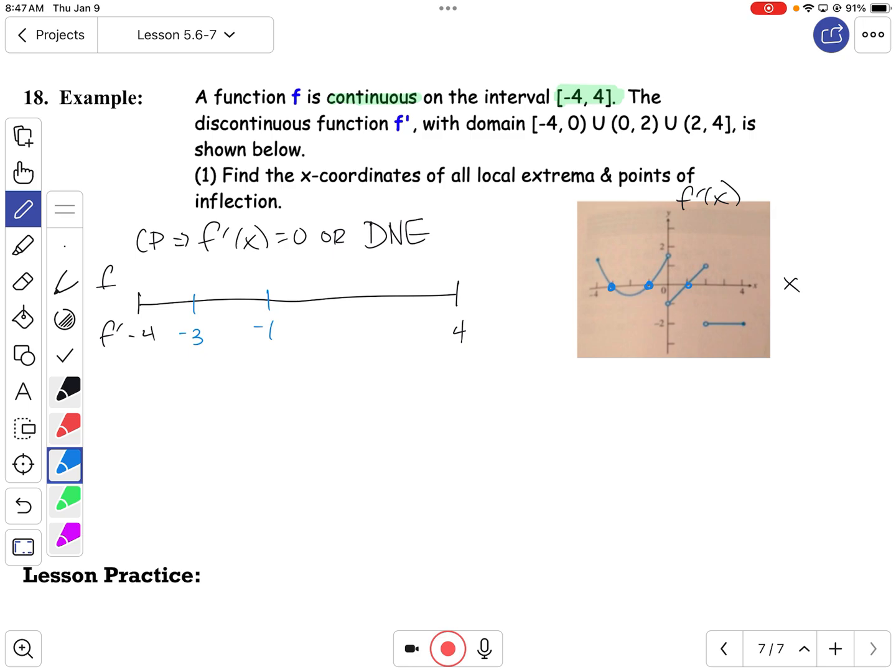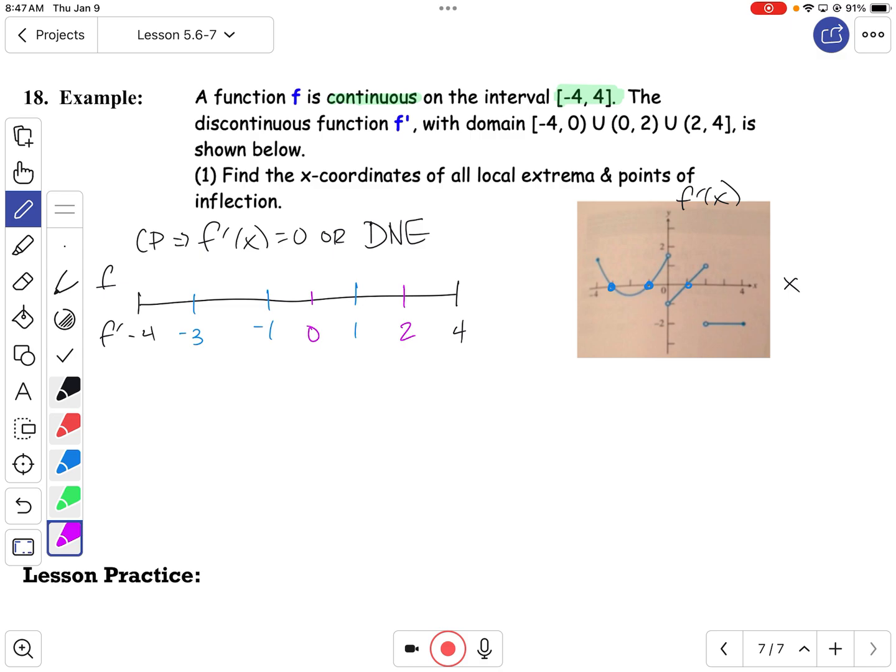Okay. Where is it undefined? 0 and 2. All right. So everybody with me? Okay. So that's where we get our sign chart, so we can talk about increasing and decreasing and all that good stuff.